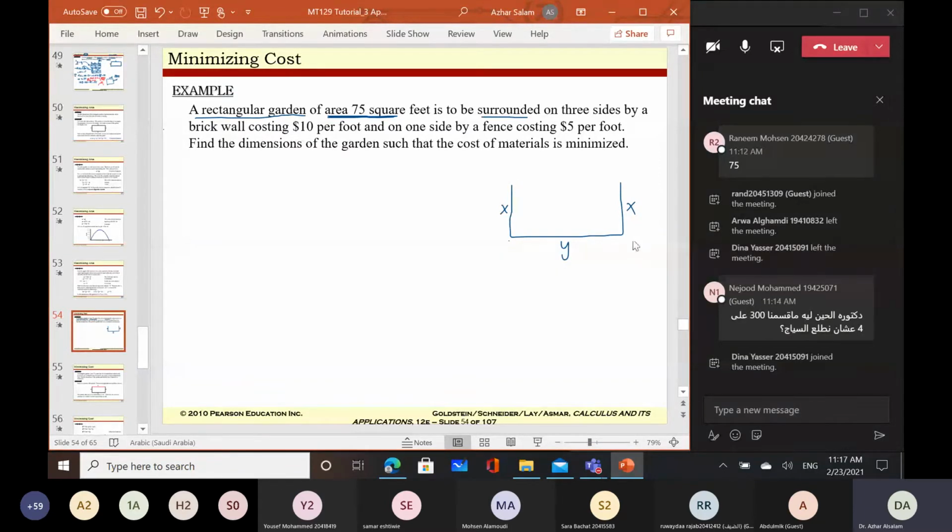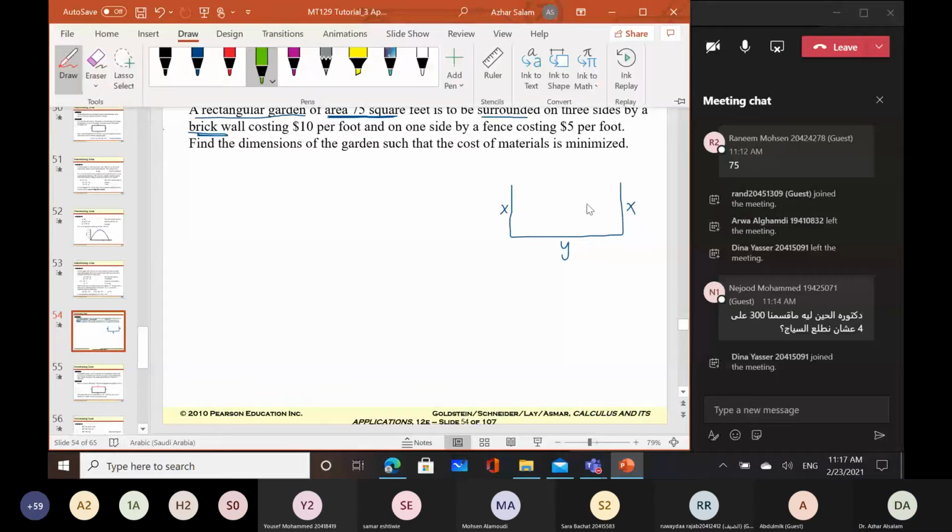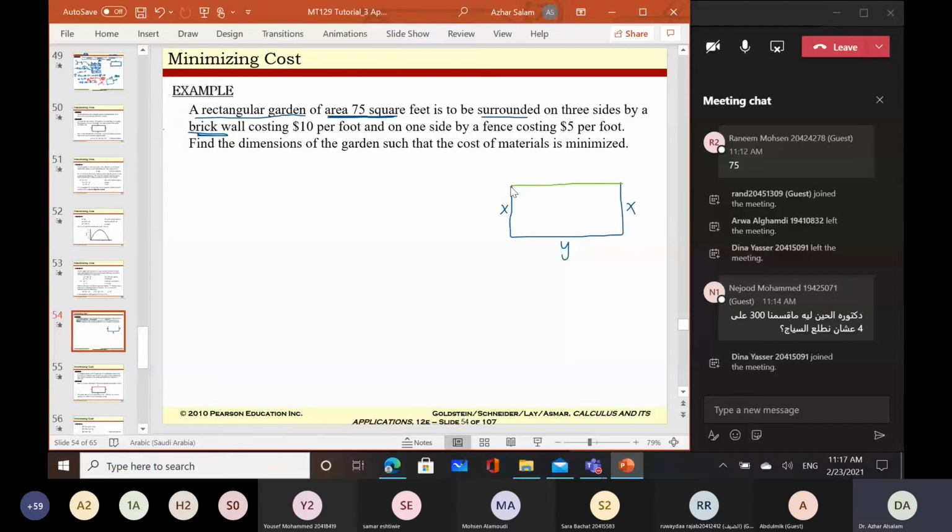At these 3 sides I will use the brick wall. The fourth side, which is y, will be only fencing. راح أضع سياج عادي، مش ضروري يكون brick, costing $5.